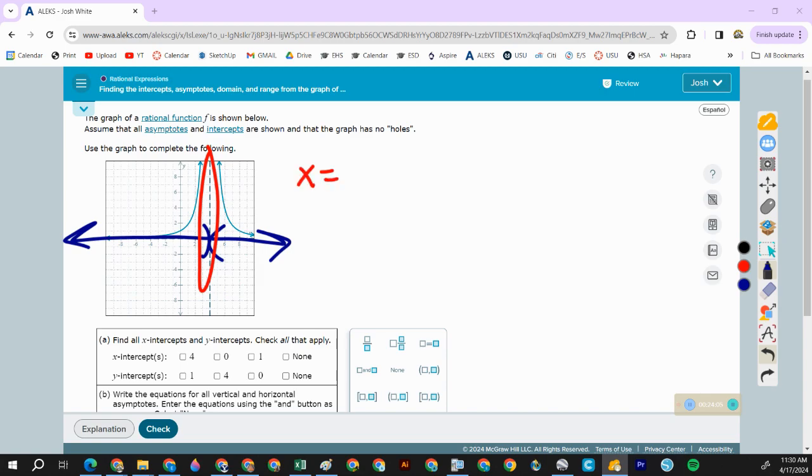So x equals, you can either use parentheses or brackets, and you always do low comma high. Parentheses means not equal, and brackets mean equal. So what is the left side of this chunk? -infinity. So x equals -infinity. Does infinity get a parenthesis or a bracket?